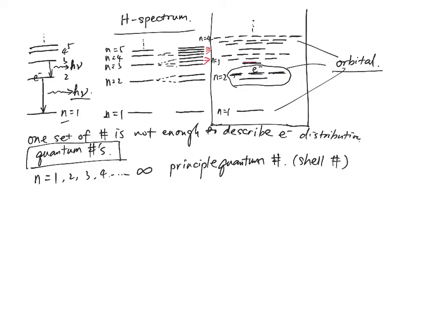But now, the second set of numbers that we created is going to help us differentiate all these different splits within the levels that are separated by the principal quantum number.